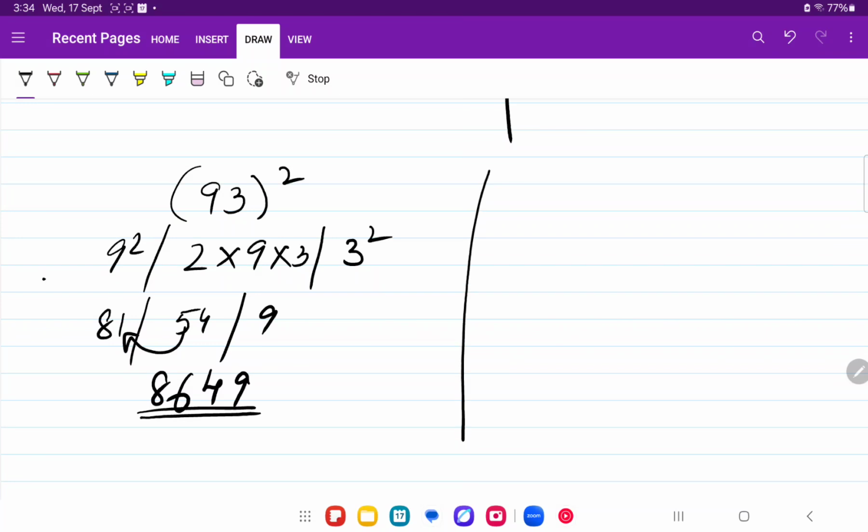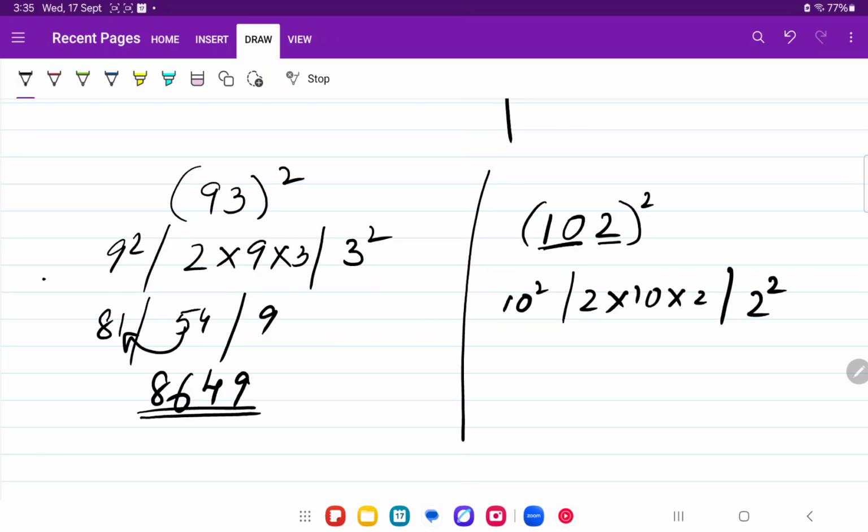Okay, you must be getting this question in your mind: what happens if it is a 3-digit number? What do we do here? We split the number into 2 parts again, 10 and 2. So 10 square, 2 times 10 times 2 and 2 square. 10 square is 100, 2 2s are 4, 4 10s are 40 and 4.